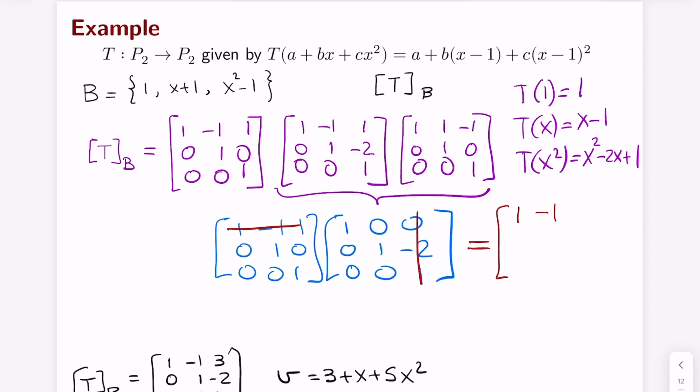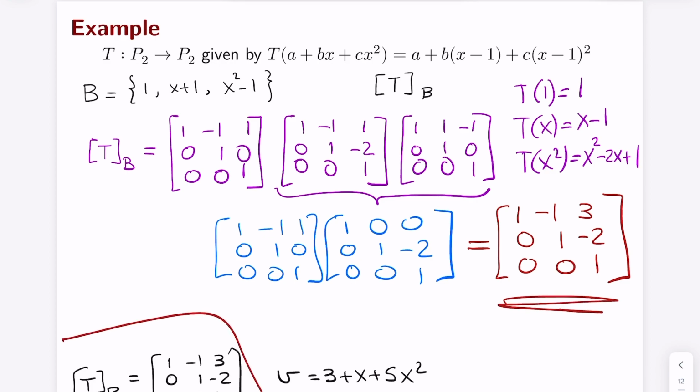And this times this will be 0 plus 2 plus 1 is 3. And we obtain as a result of the multiplication exactly the matrix that we have calculated before.